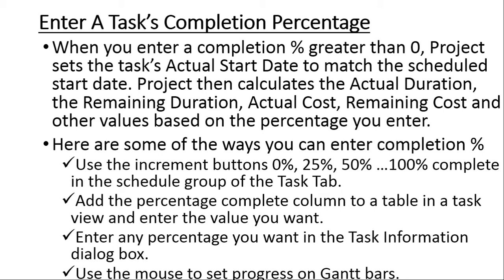So in the schedule group on the taskbar, so if you go up to the taskbar, then you look for the schedule group, you will find there is an increment button that you can use to simply increase from 0%, 25%, 50%, and so forth. Alternatively, you can go into a task view and add the percentage complete column to a table.